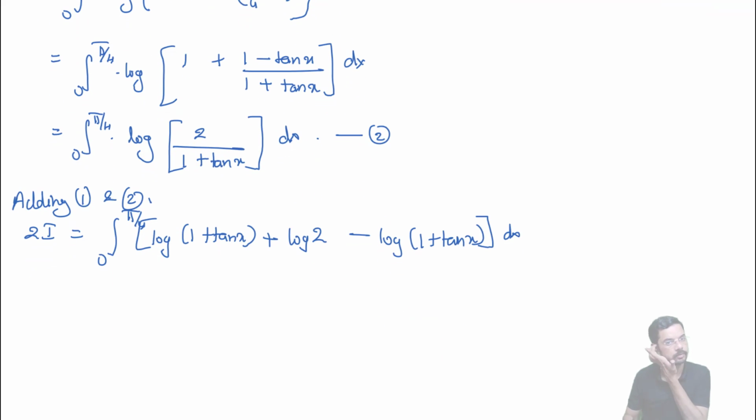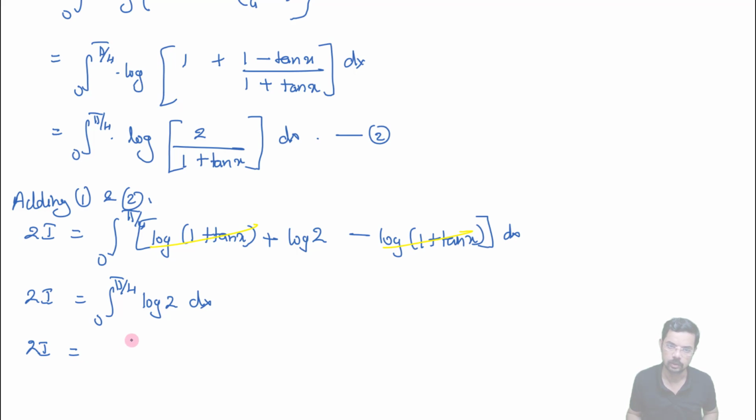Further, here we can see that these two items will get cancelled: log of 1 plus tan x and the log of this. Then, coming back, 2I will be equal to the integral from 0 to pi by 4 of log 2 into dx. Log 2 is a constant, so 2I will be equal to log 2 into x with the limits 0 to pi by 4.